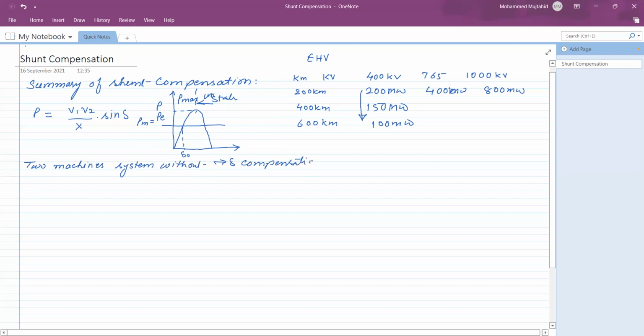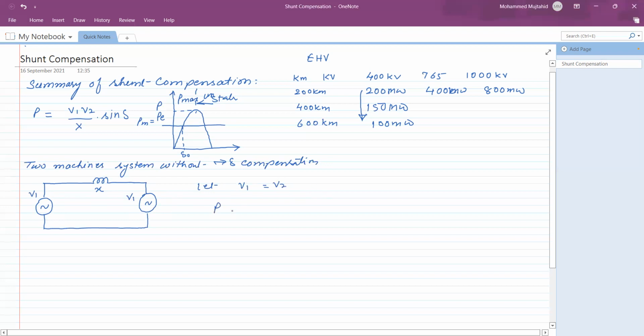Without compensation, say the reactance of the transmission line is X, and it is fed from one machine having voltage V1 and a second machine having voltage V2, connected through the line. Let V1 be equal to V2, and the reactance is X.